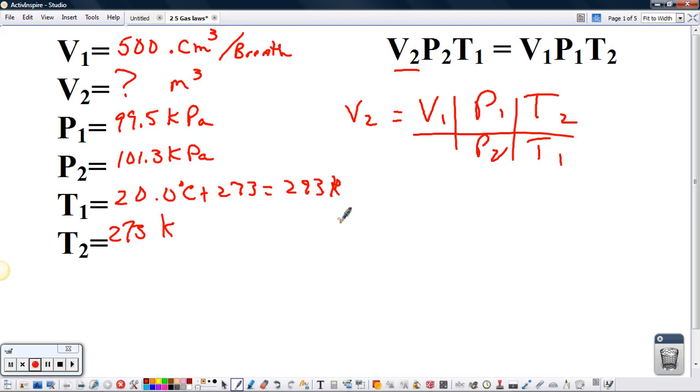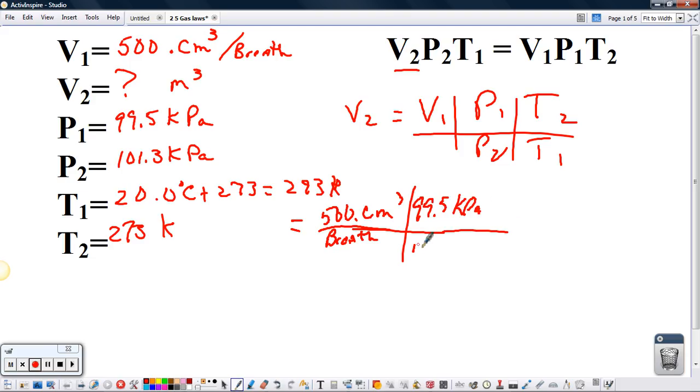Now I want to plug and chug. My volume is 500 centimeters cubed, and that is per breath. My P1 is 99.5 kPa and P2 is 101.3 kPa.